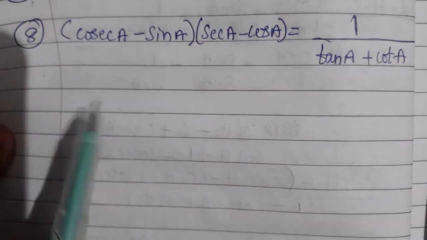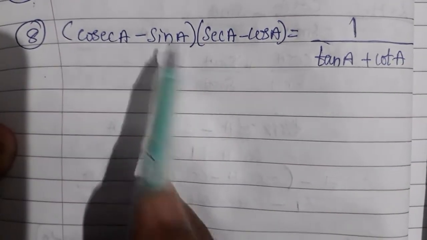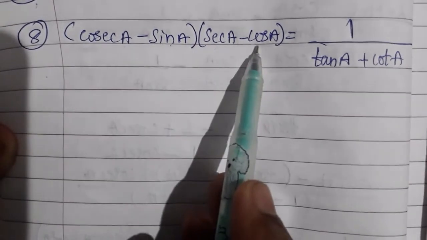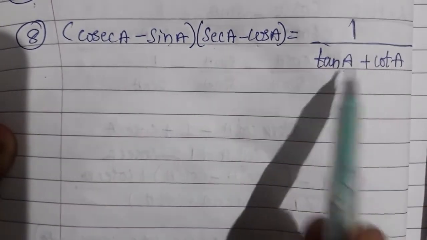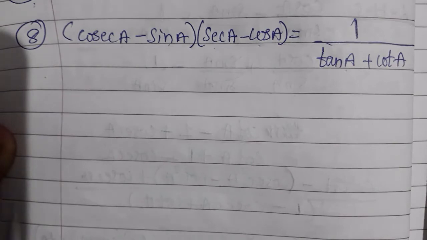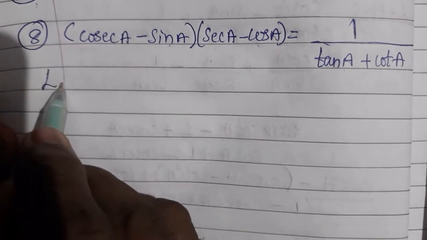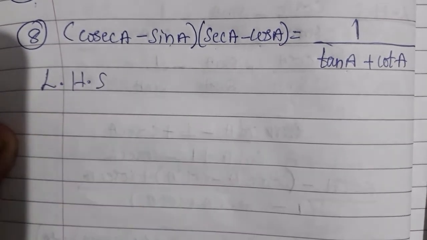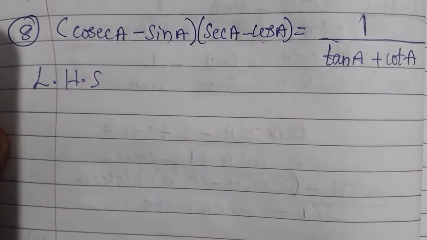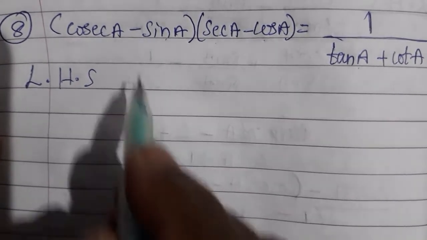The next sum: cosec A minus sin A into secant A minus cos A is equal to 1 by tan A plus cot A. First we will try to solve the LHS. What is the LHS?